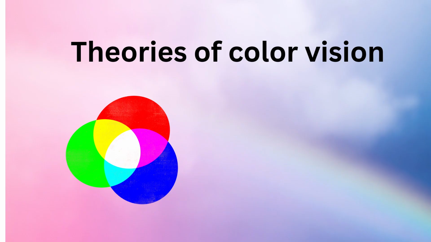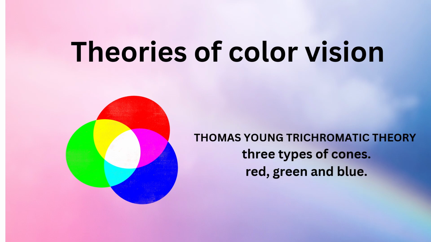Theories of color vision. This is the most famous theory, Thomas Young trichromatic theory. According to this theory, the retina has three types of cones. Each one possesses its own photosensitive substance.